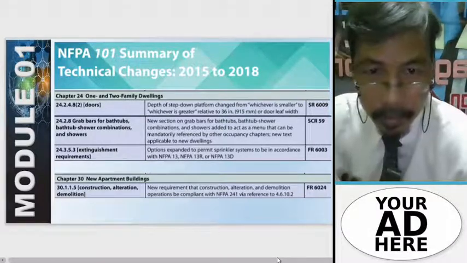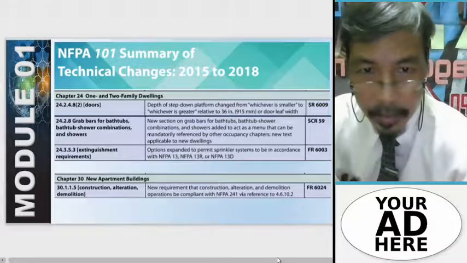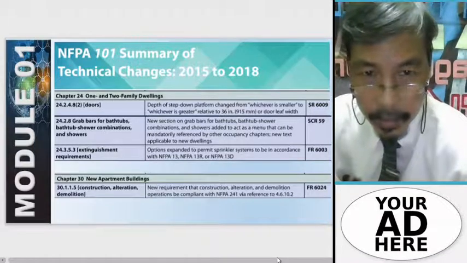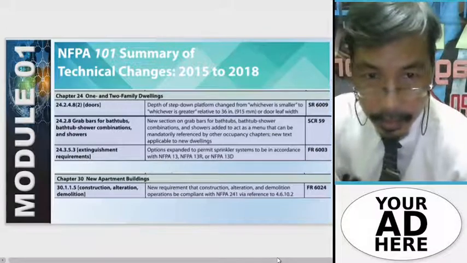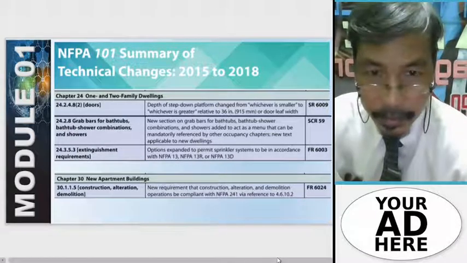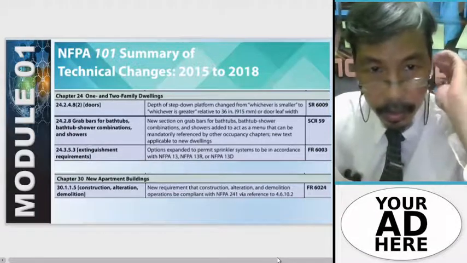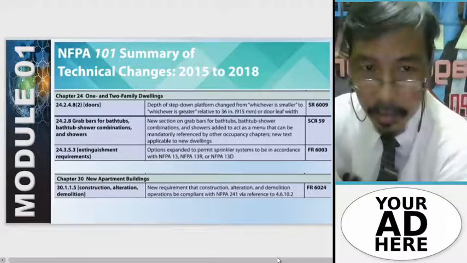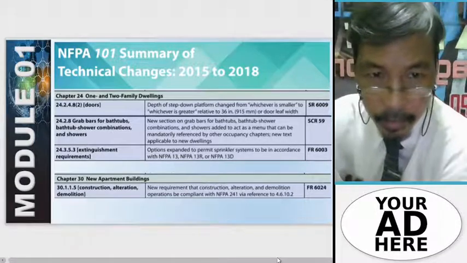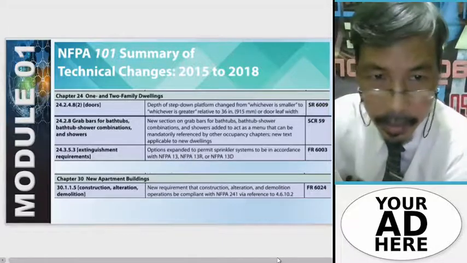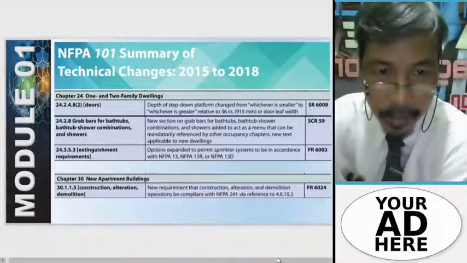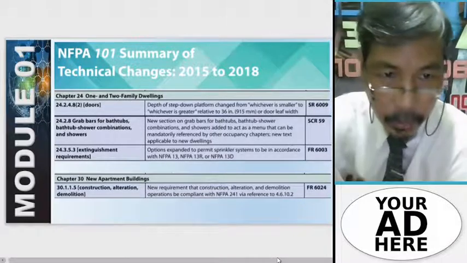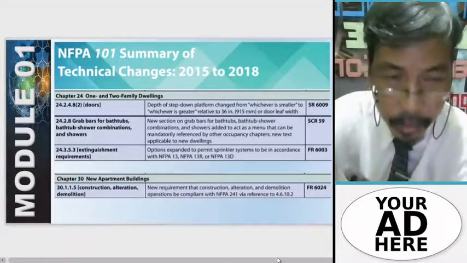And what about chapter 30, new apartment buildings? Topics under construction, alteration, and demolition: a new requirement that construction, alteration, and demolition operations be compliant with NFPA 241 via reference to 4.6.10.2.